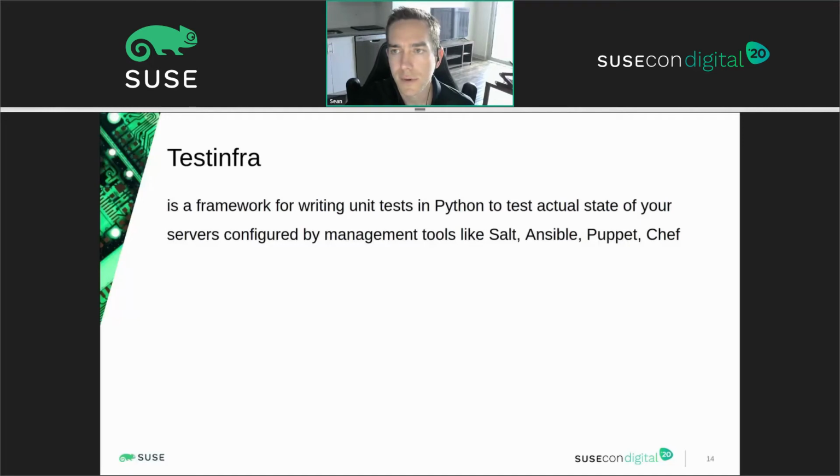One nice thing is it obfuscates the underlying operating system, so it makes writing these tests very simple, and they're pretty generic, not really tied to a specific operating system. It also provides some backend plugins to access the instances and actually run the tests. A few of those are SSH, Salt, Ansible, Docker, and kubectl.